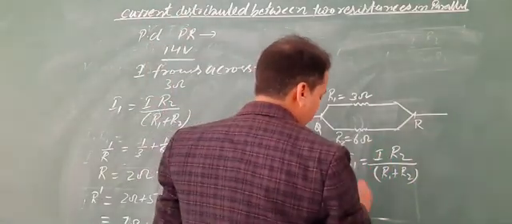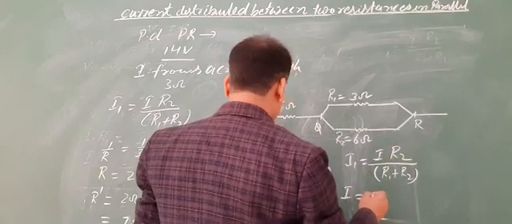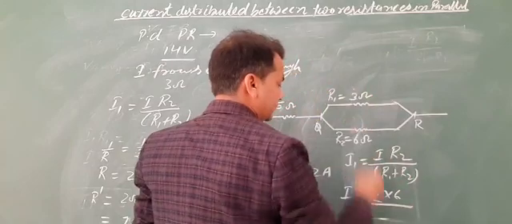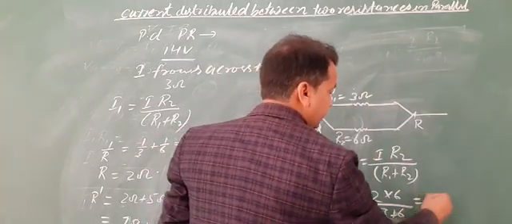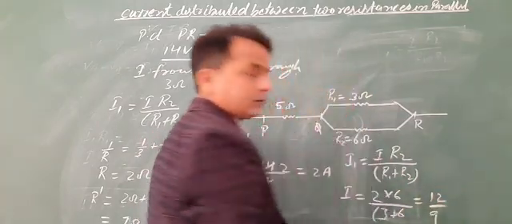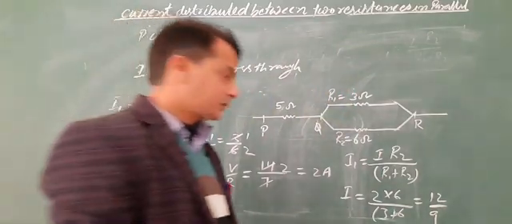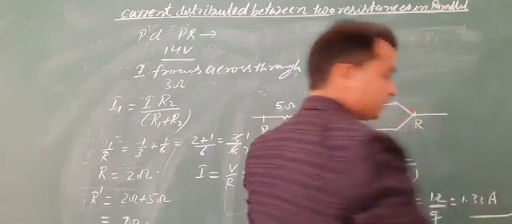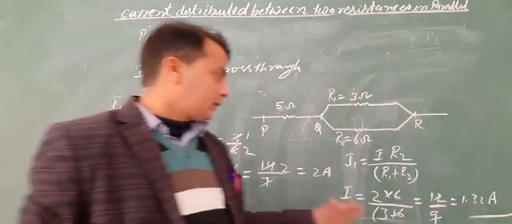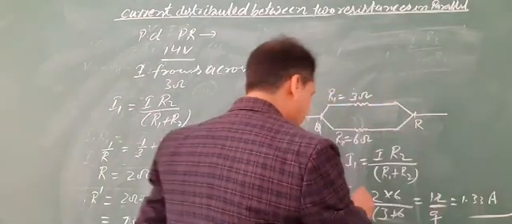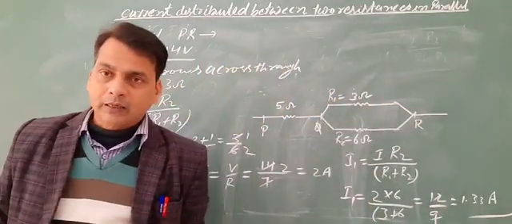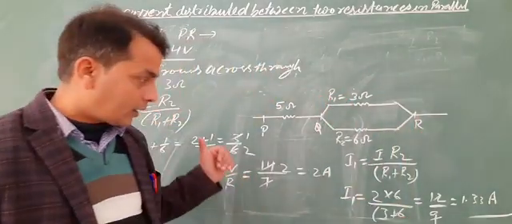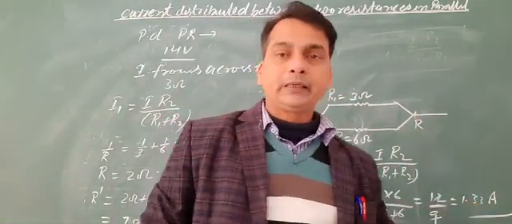So we calculate 2 times 6 by 3 plus 6, then 12 by 9, that is 1.33 ampere. So it is clear that the current I1, the current flowing across the 3 ohm resistor, equals 1.33 ampere.